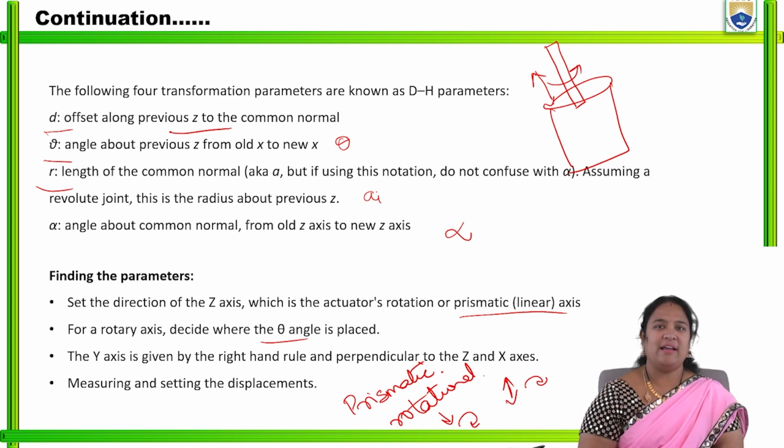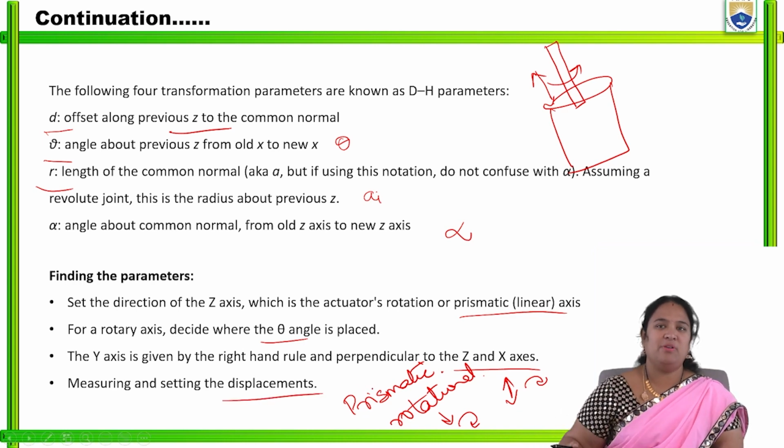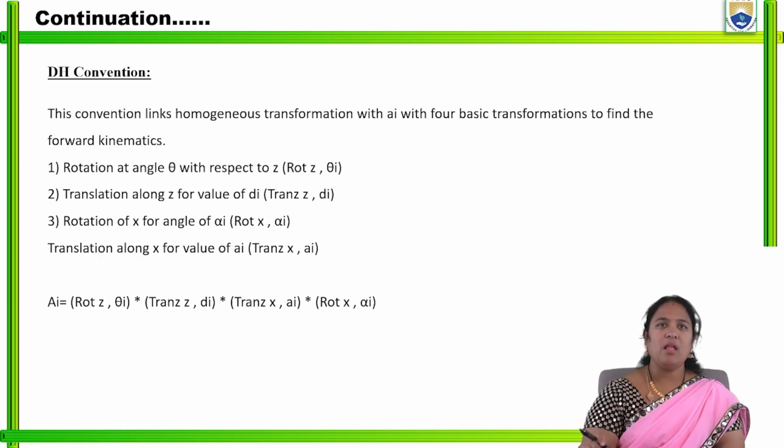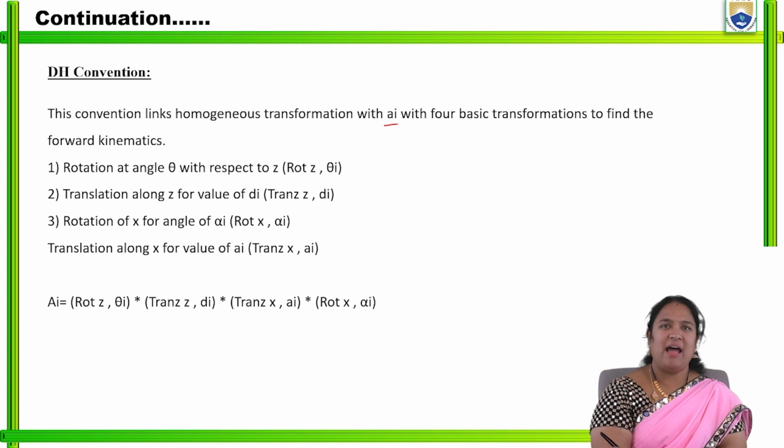So coming to the y-axis, we will find it using the right hand rule, perpendicular to the z and x axes, in order to find the parameters. Finally, we find the displacement of the axis. So here, the DH convention: we need to find at what angle that particular axis is rotating. So initially we take ai. ai is nothing but the displacement of your particular axis, right?